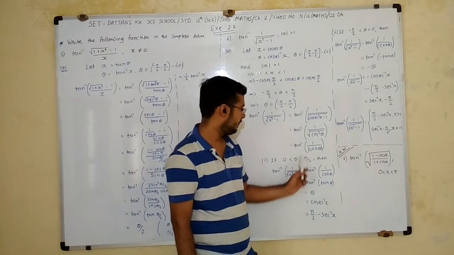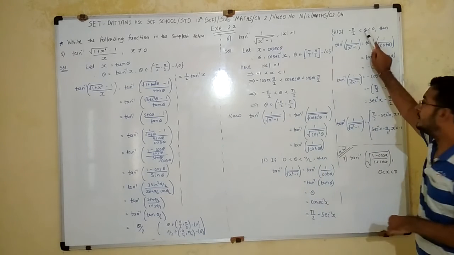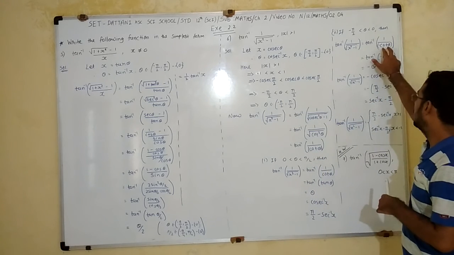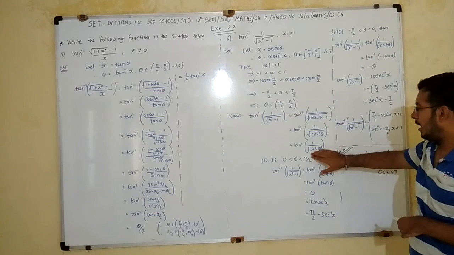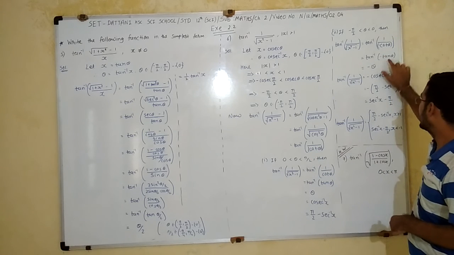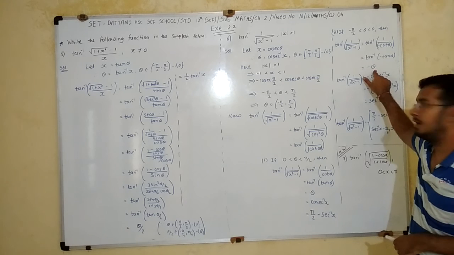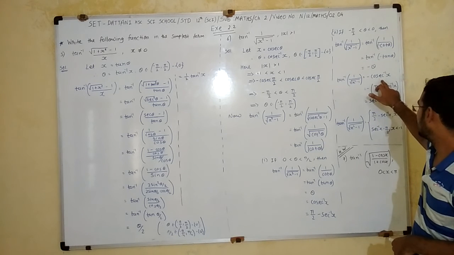And the second case, minus pi by 2 to 0. It means the fourth quadrant. In the fourth quadrant cot is negative, so taking it out from mod I get minus cot. So 1 by cot means tan, and minus tan, so here minus theta. Now theta is equal to cosec inverse x.